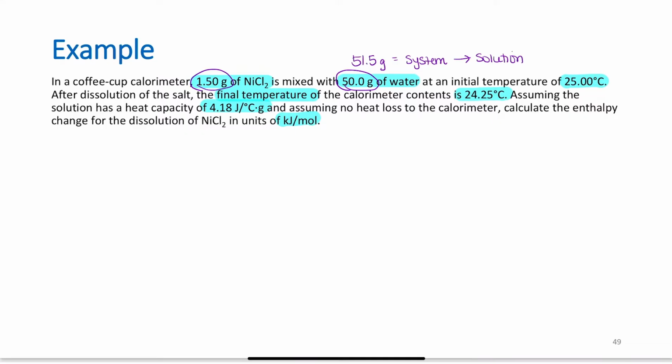Let's say the first law of thermodynamics in words, just to wrap our brains around what's going to happen in this example. The heat lost by the surroundings is gained by the system.